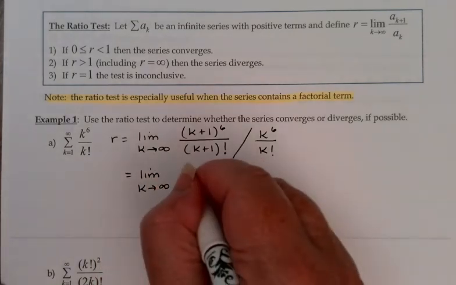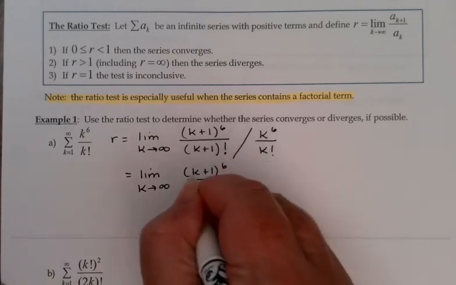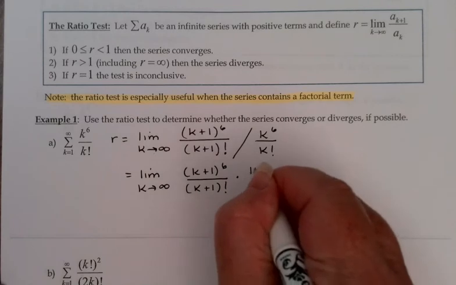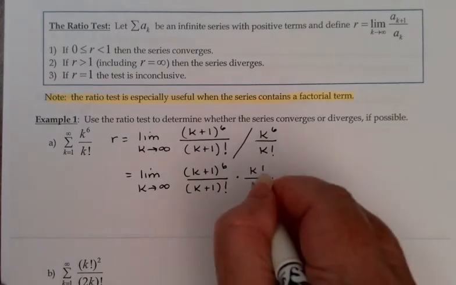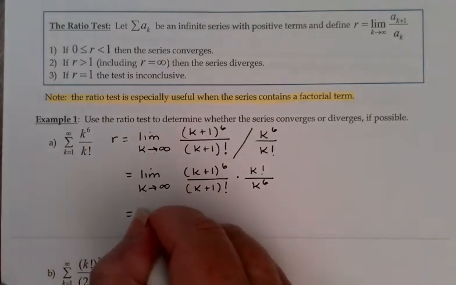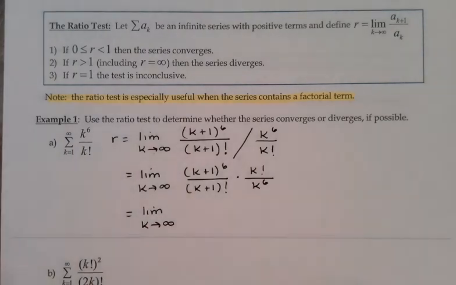Dividing, I'm just going to write that as multiplied by the reciprocal. So times k factorial over k to the 6th. All right, let's see here.